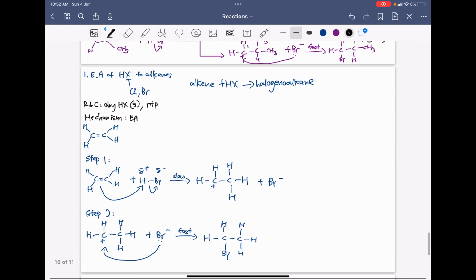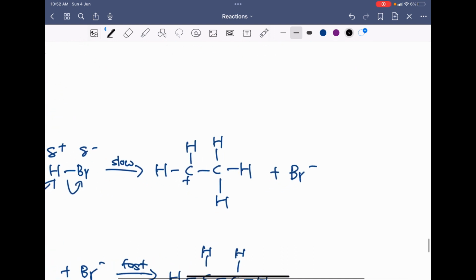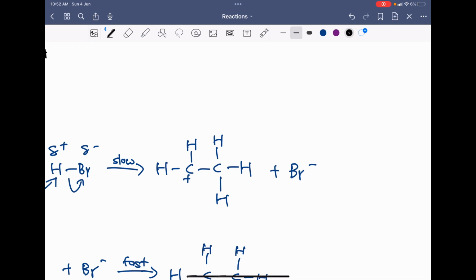So now we come back to EA of HX. We see over here, this carbocation intermediate is sp2 hybridized, and hence it is trigonal planar.